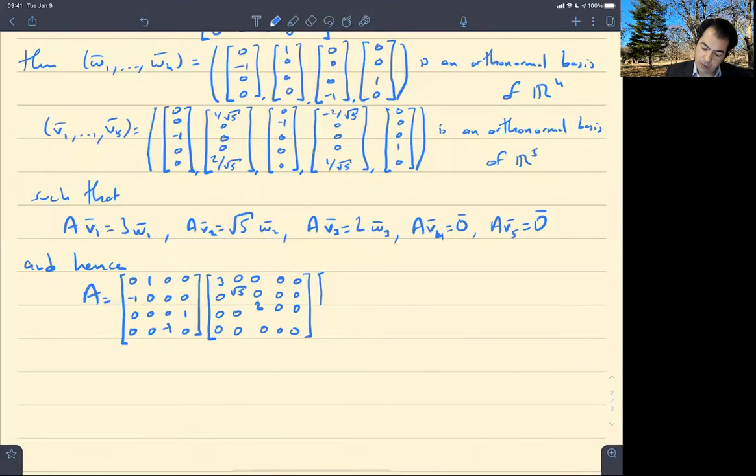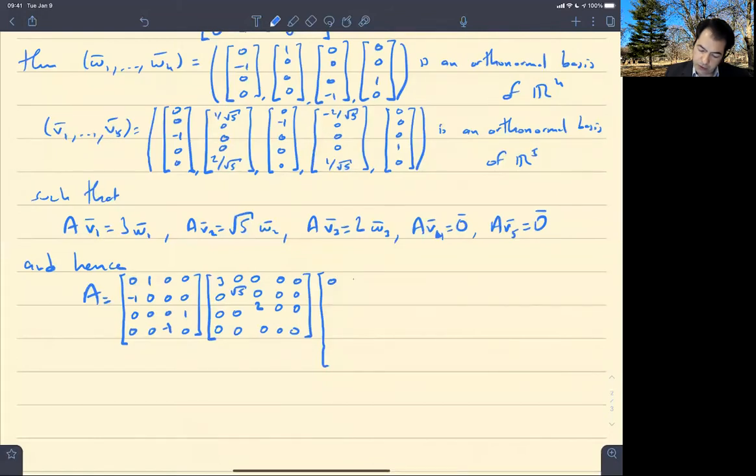And then here I'm going to put the vectors V1 through V5. These are going to be the rows of this matrix, right? Rows because we're taking the conjugate transpose, and these have real numbers. If they had complex numbers, I would put them as rows, but I would take complex conjugates.